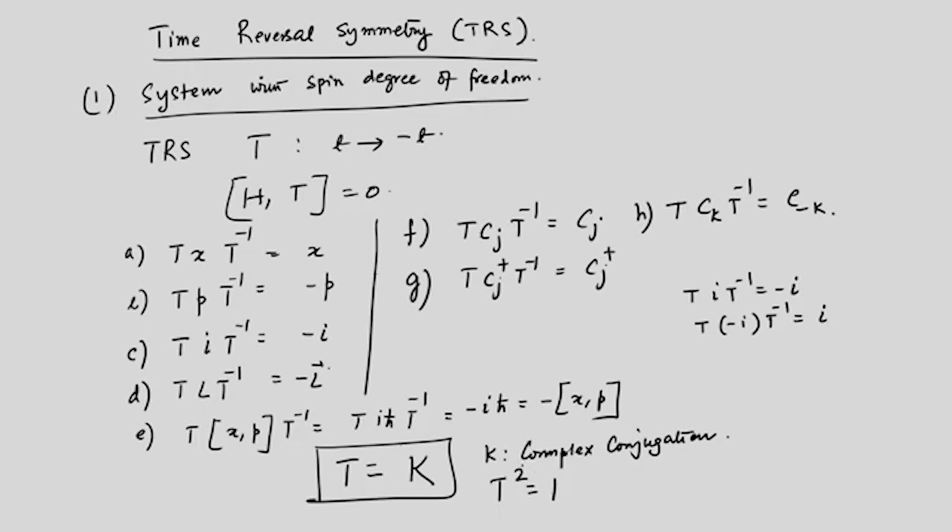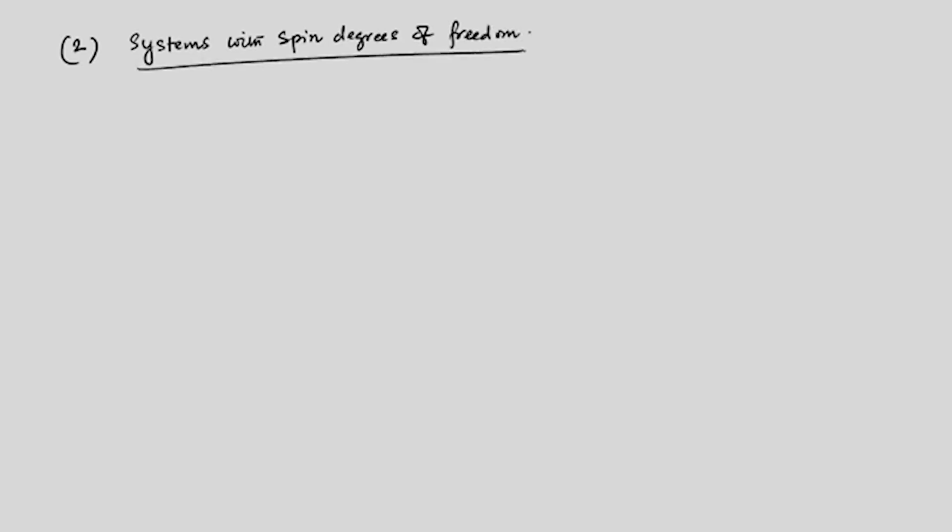This is slightly different when a system with explicit spin degrees of freedom is there. Okay, and we are talking about spin half.